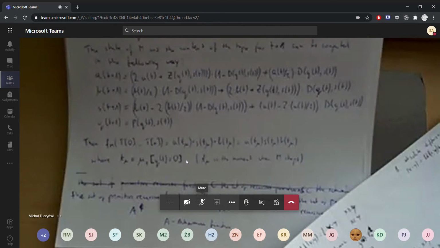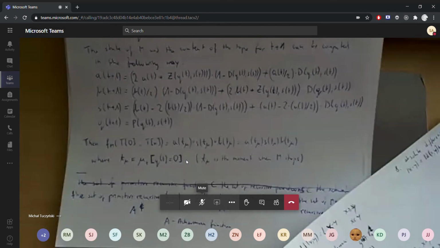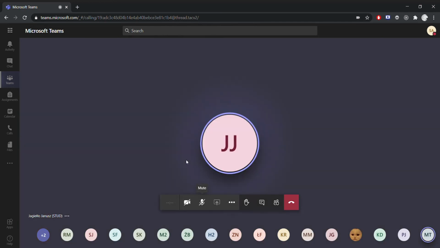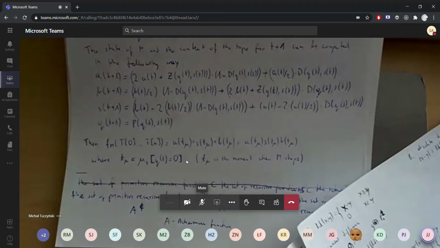So we can go to 9, and we have one volunteer, Mr. Janusz. Okay, so let me start with the less function. And of course, we can use all the functions from the previous points. Yes, sure.